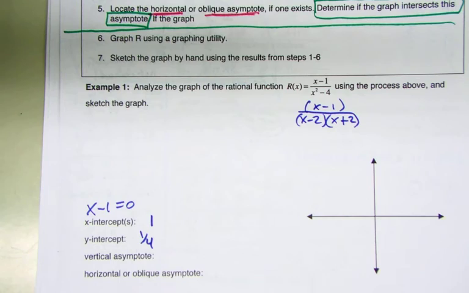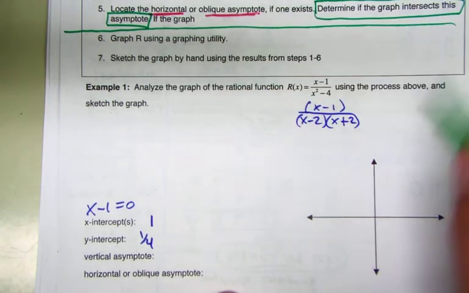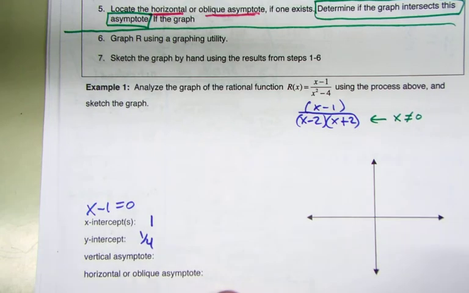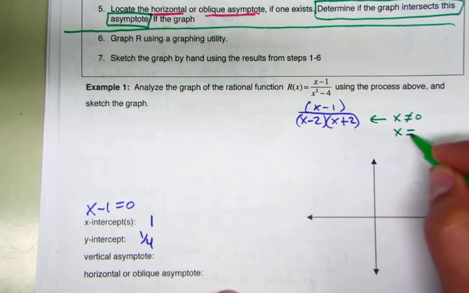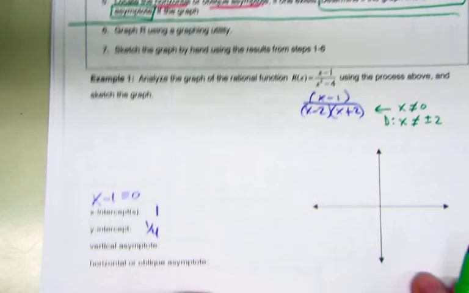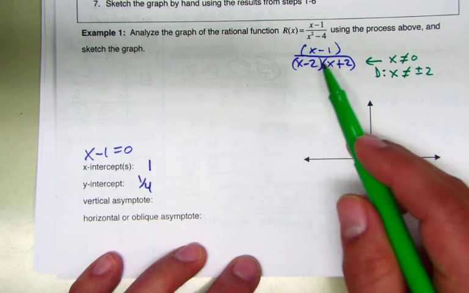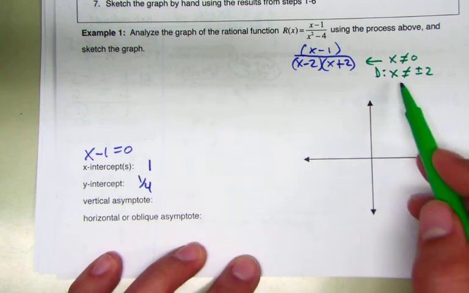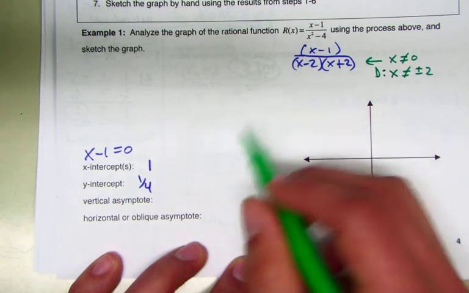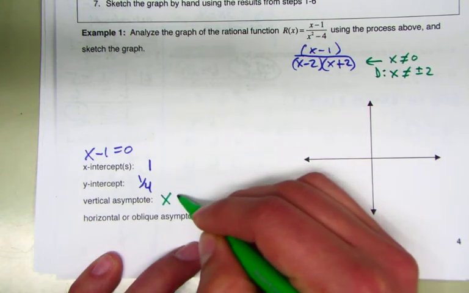Oh, and I forgot the final piece for step 1, the domain. Remember, the denominator can never equal 0. So what can x not be? Plus or minus 2. So this is the domain. Okay. Since nothing reduces, like nothing cancels out, these values, since those are the zeros of the denominator, are the same values we use for our vertical asymptotes.